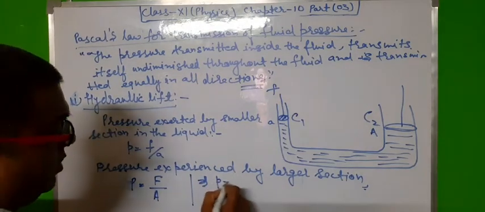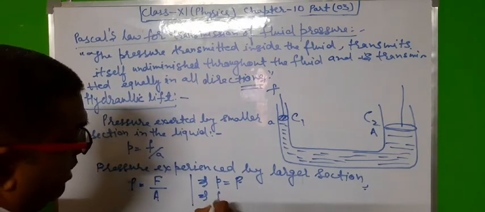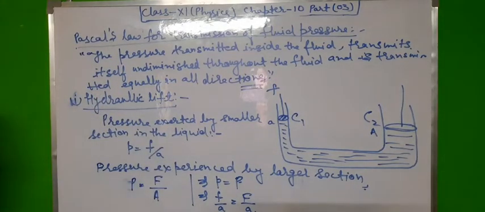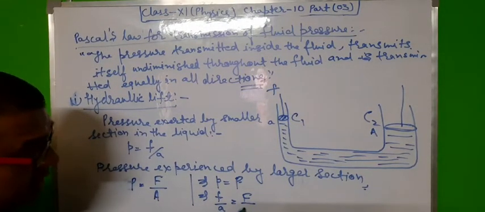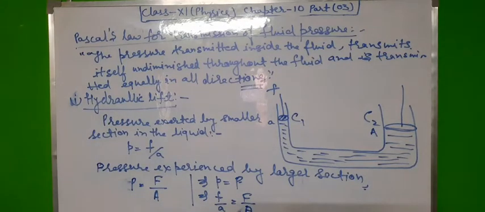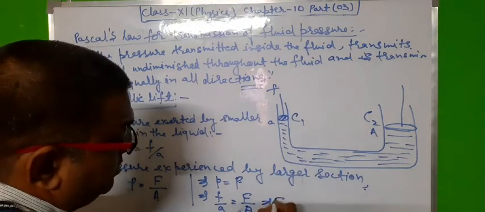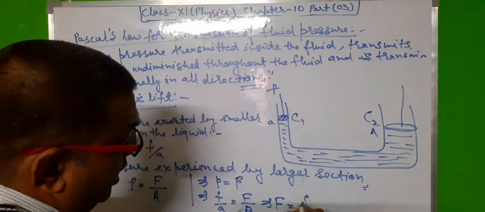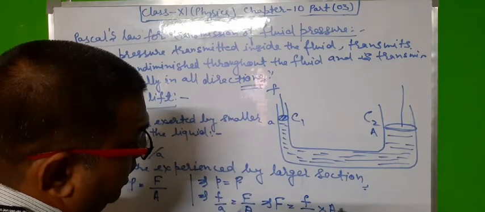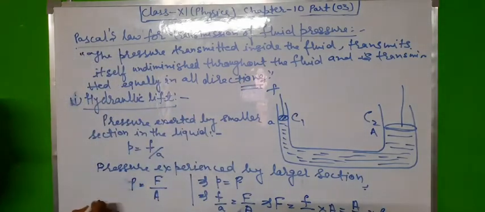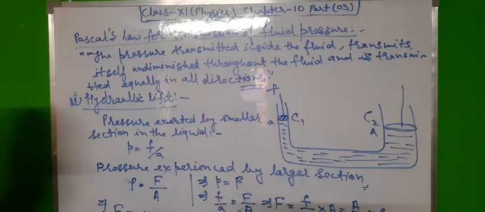So if small p is equal to capital P, then f upon a is equal to capital F upon capital A. The force experienced by the larger piston, F, is equal to f upon a into A, that is F equals f times A upon a.